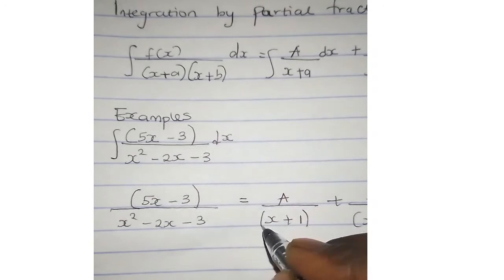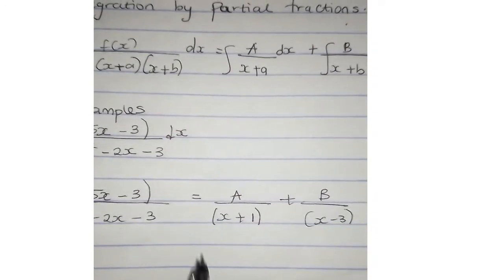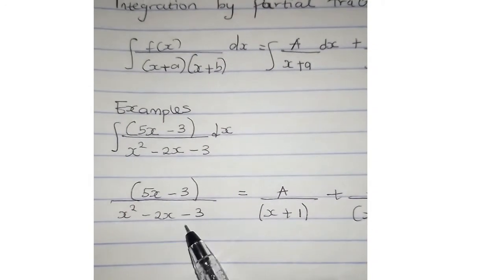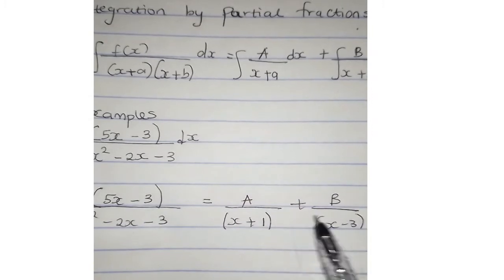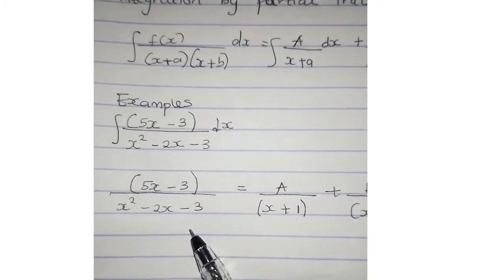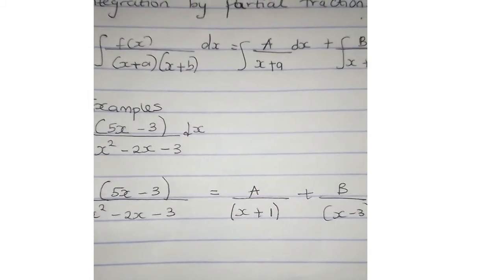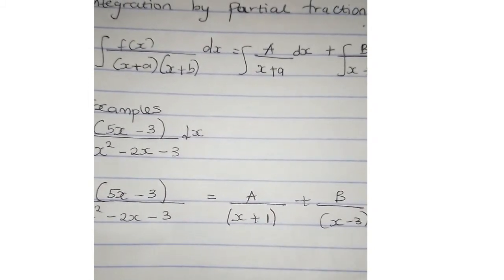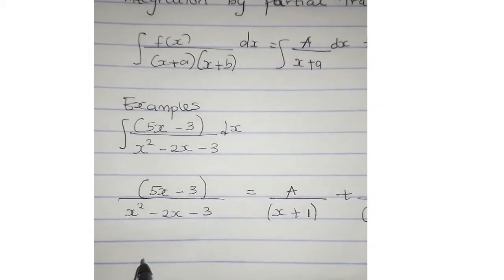Now this simply means that when you factorize this, we are going to have this, and when you expand this, you are still going to have this. So what we do in this case, we multiply through by the common denominator. So multiplying through with the common denominator, we are going to have something like this.